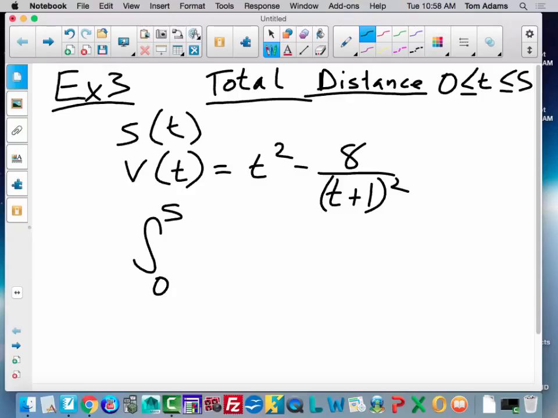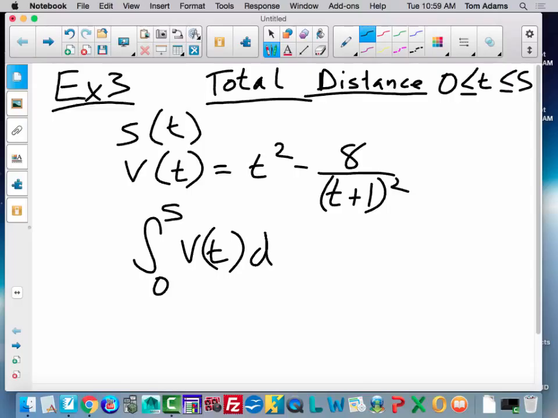Then they asked us a bunch of questions, like what position will it be in at 1 second, at 5 seconds, and at 0 seconds? We determined that in order to find the position, you had to do the antiderivative of the function v of t.